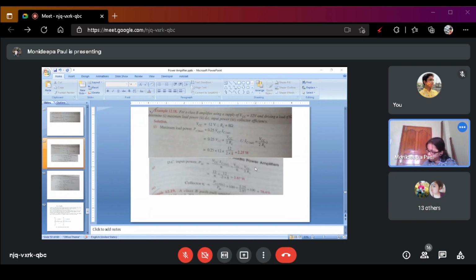কত এসছে? 2.25 ওয়াট এসছে, আসেনি বোধহয়। What is the power output?